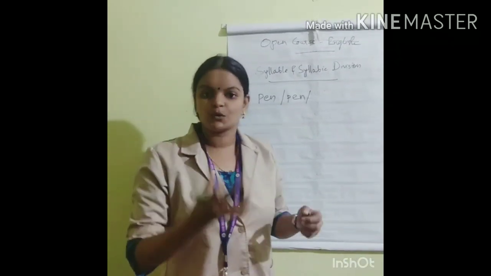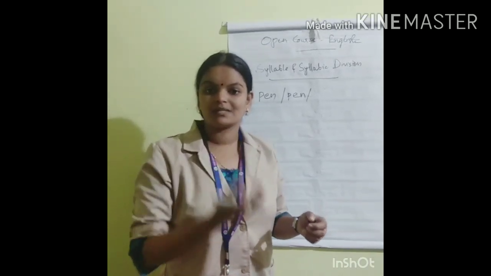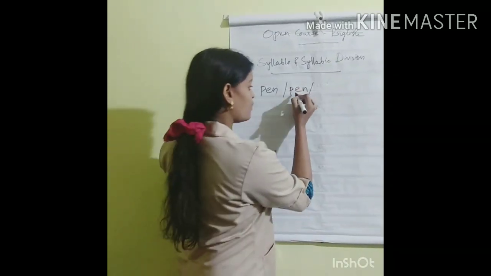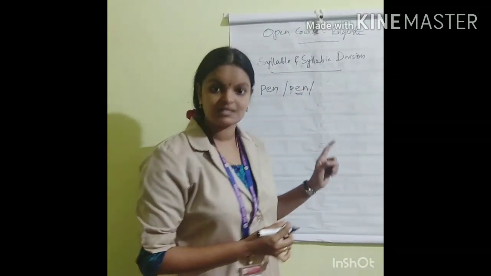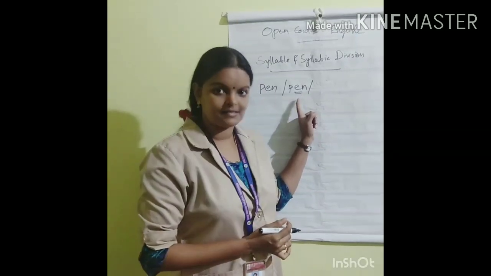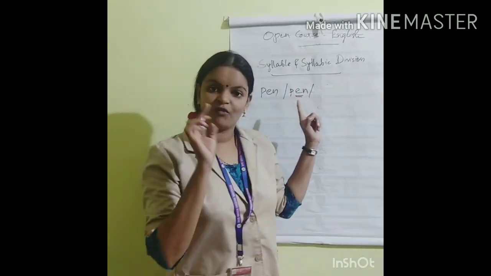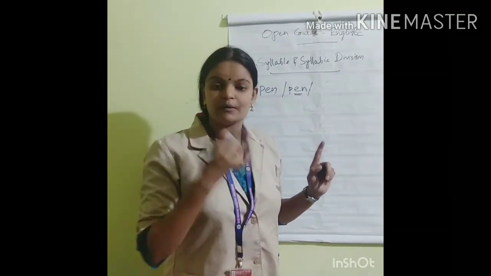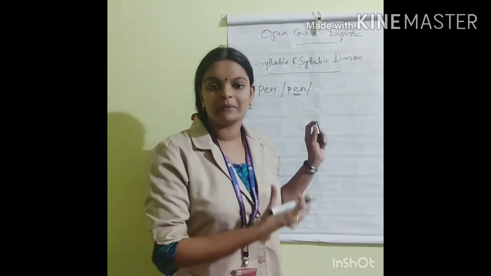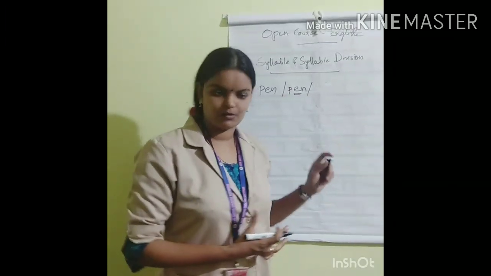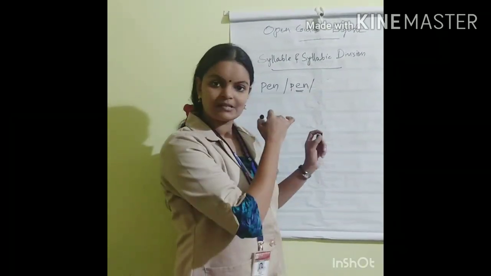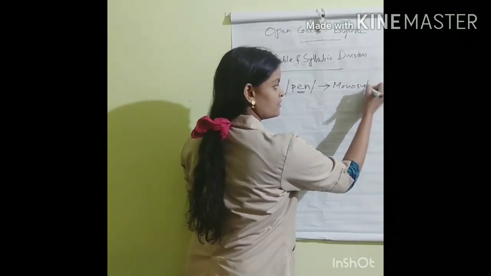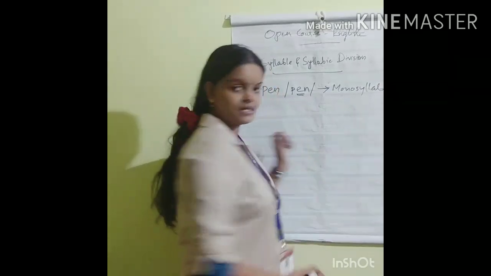Here we have only one vowel sound. Syllables are usually counted on the basis of the number of vowel sounds. So here we have only one vowel sound, that is why this is a monosyllabic word.